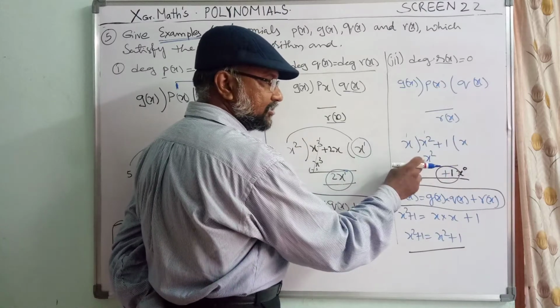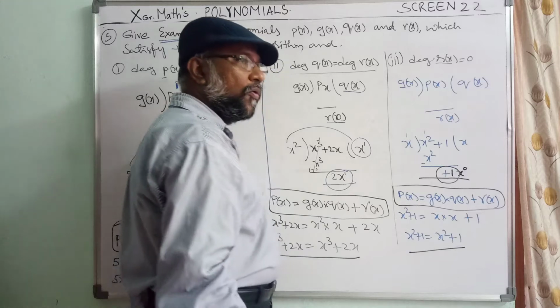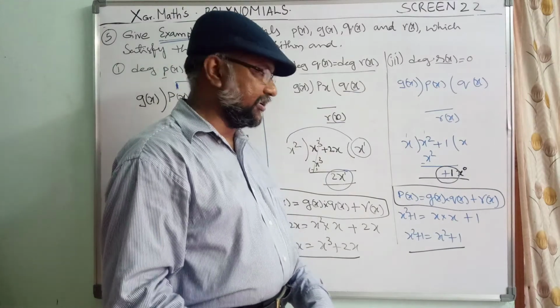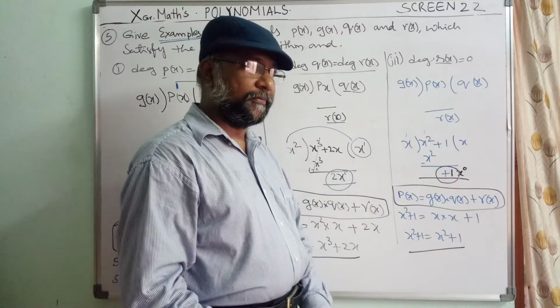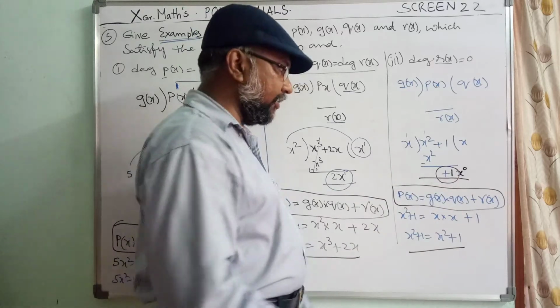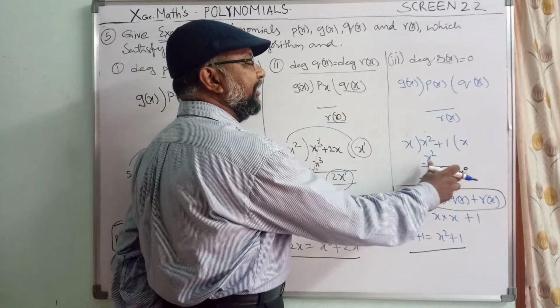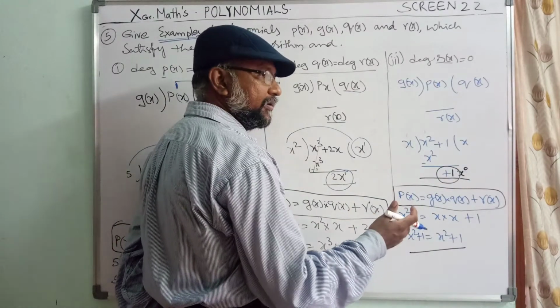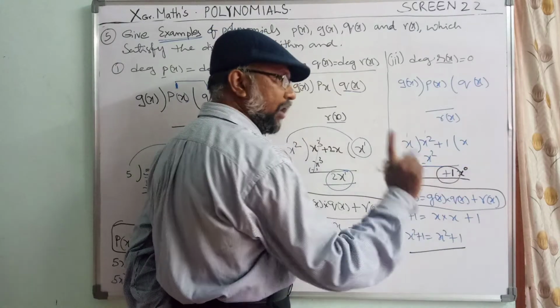X into x square cancel, plus 1. Now, what is the degree of the plus 1? Plus 1 is a constant. What is the degree? Now, we can write down plus 1 into x power 0. X power 0 is 1.